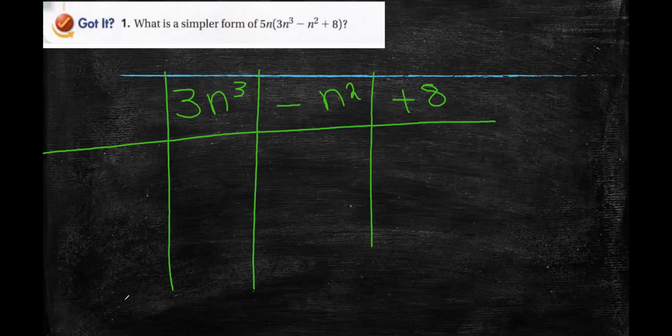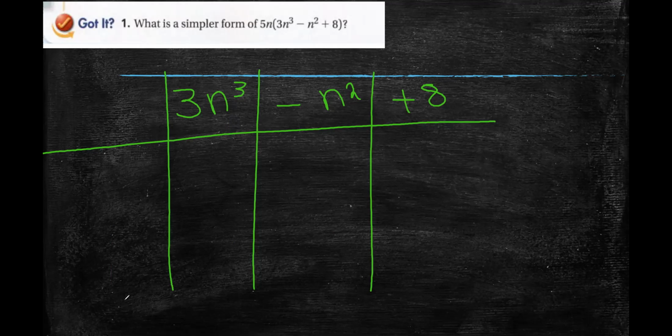Since there are 3 terms, the answer must be 3 terms. In adding, I don't know how many terms we have; it could be the same, or greater, or less. In multiplying, if I multiply a monomial with a trinomial, the answer will be a trinomial.